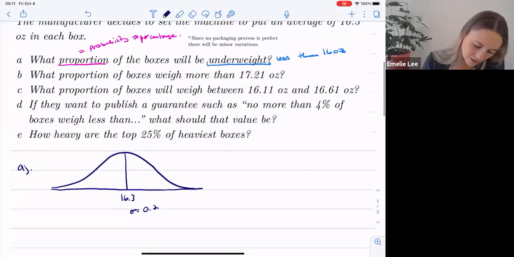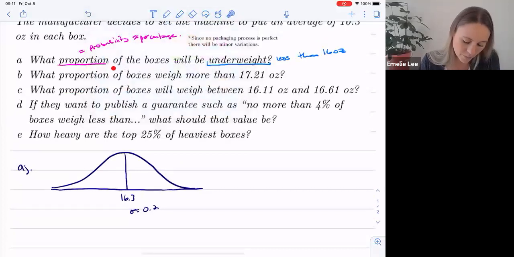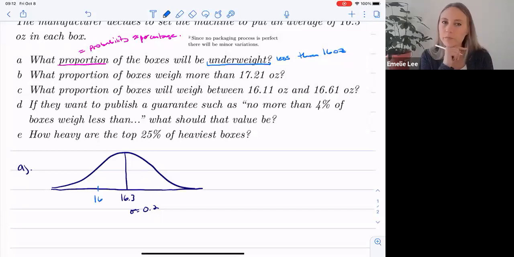Okay, so the point I'm interested in is what proportion, so what area under the curve, will be underweight, so less than 16 ounces. Remember, this axis here is just a number line, so of course 16 would go somewhere down here.